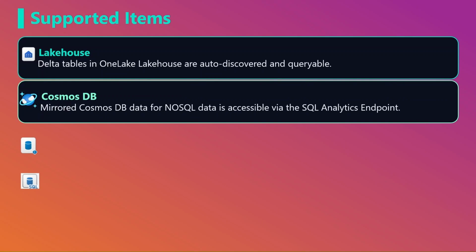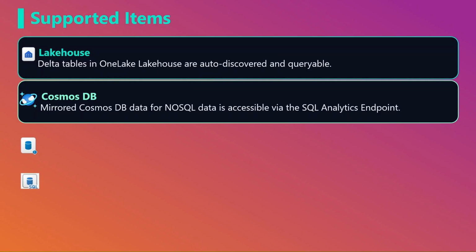Cosmos DB: mirrored Cosmos DB data for NoSQL data is accessible by the SQL Analytics endpoint. So pause for a moment and think. You have data stored in Cosmos DB and you are writing SQL on the top of that data using the SQL Analytics endpoint.